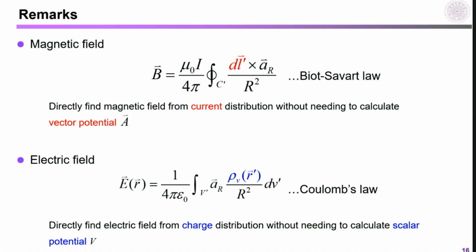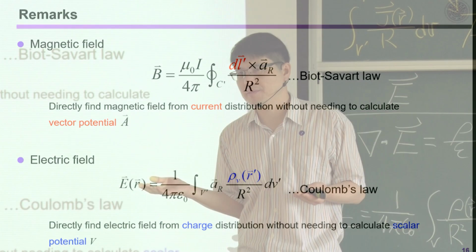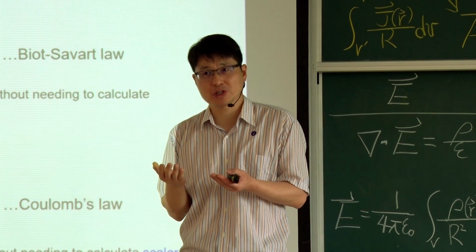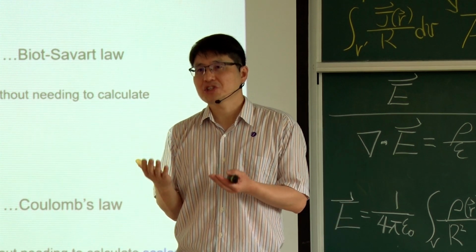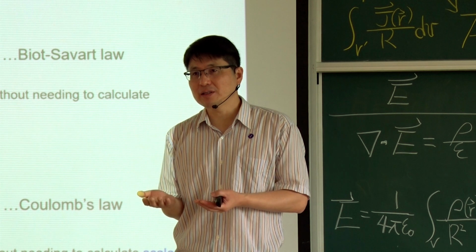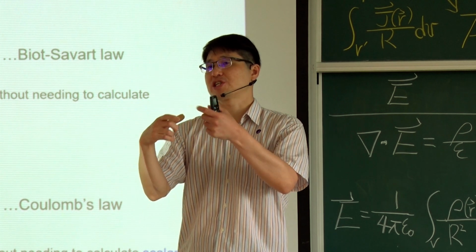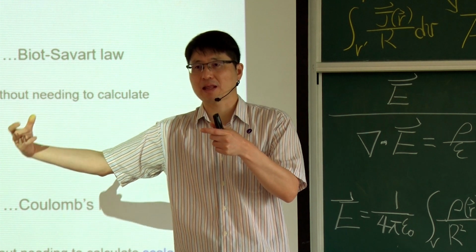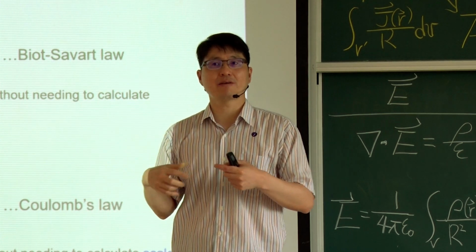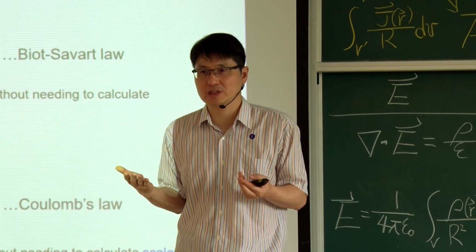So the main contribution of Biot and Savart is that even though we defined A, A is pretty superficial. Even though we understand the physical meaning of A compared to B, for B you have to perform a surface integration to find the magnetic flux. For A, you only have to find a closed loop integration.